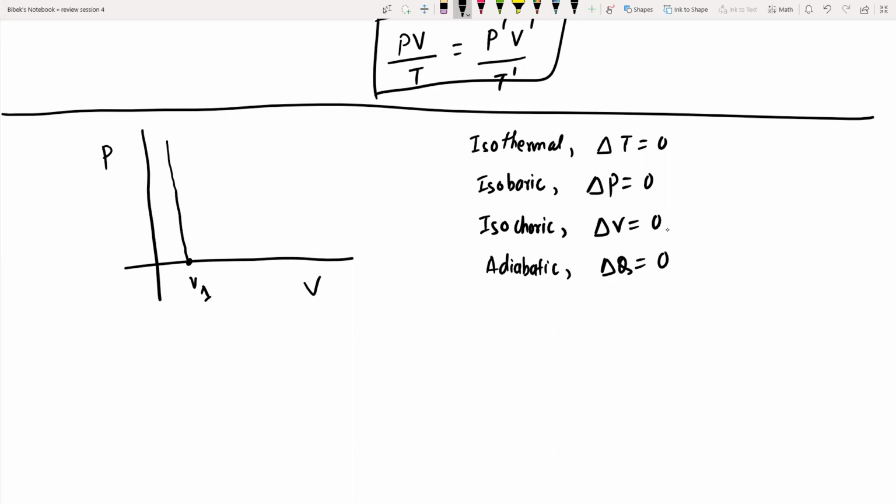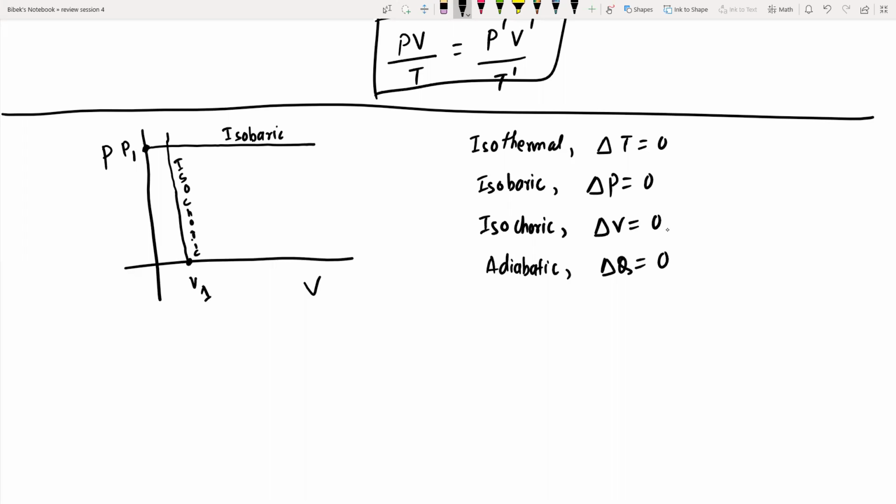For the isobaric process, your pressure change has to be zero. Imagine you have a finite pressure here, then your pressure won't change when the system moves forward. So this is isobaric. The pressure is always this value P1.